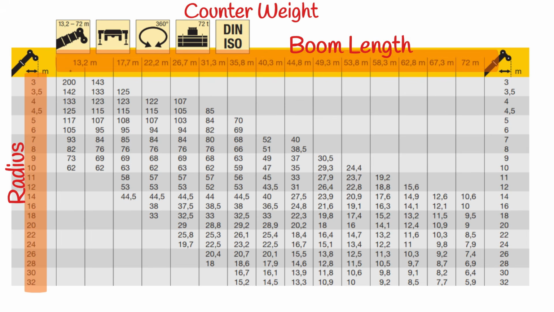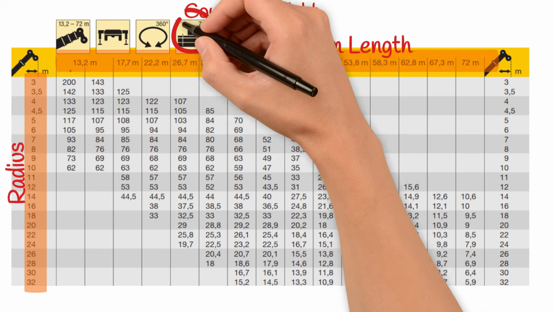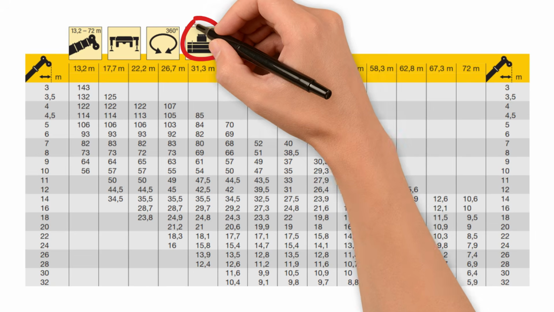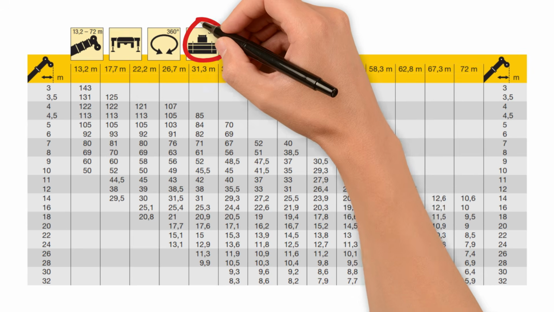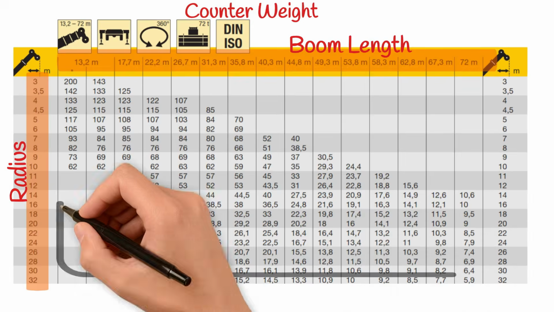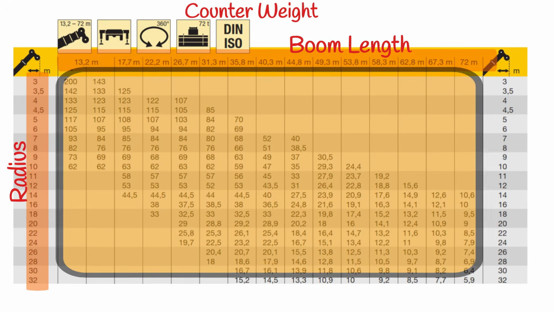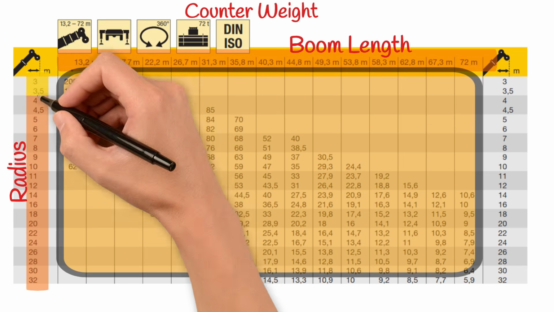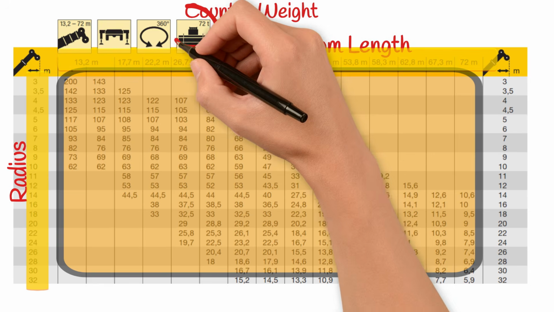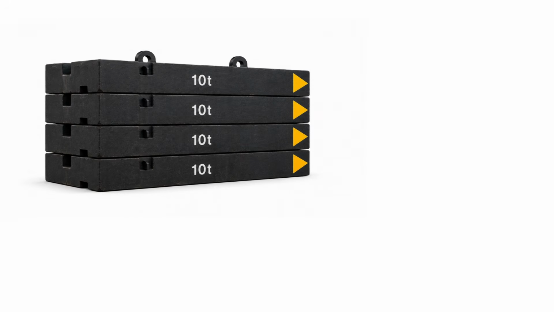This particular crane offers several counterweight options: 72 tons, 52 tons, 42 tons, 32 tons, 12 tons, and 0 tons. Inside the table, each value represents the maximum crane capacity for a specific combination of working radius, boom length, and counterweight.